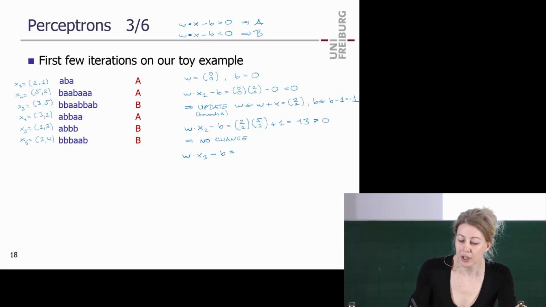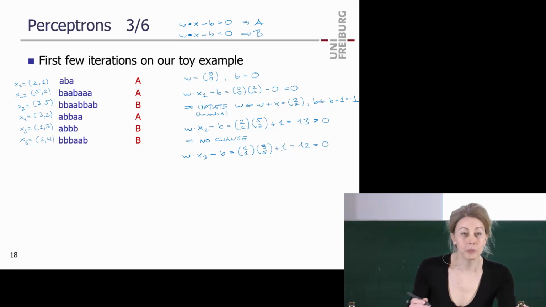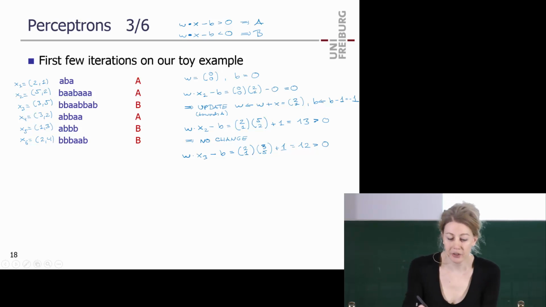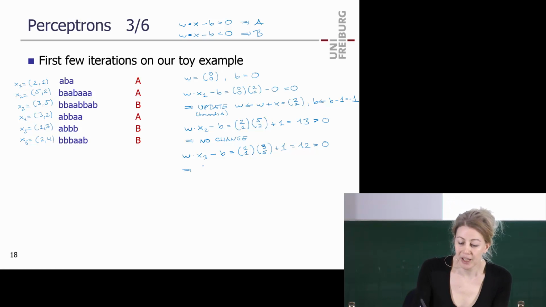Now it's 2, 1 times 3, 5 and it's again plus 1. This is 6 plus 5, 11, plus 1 is 12. It's greater than 0, but it should be B. So now I correct it. So now I do an update in the other direction. Update towards B.